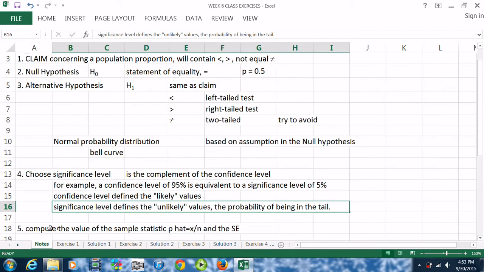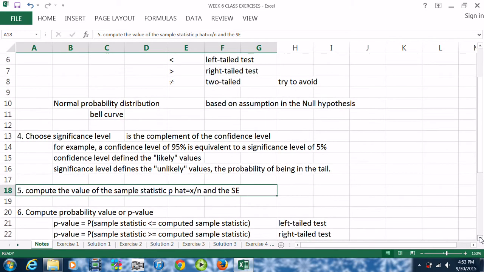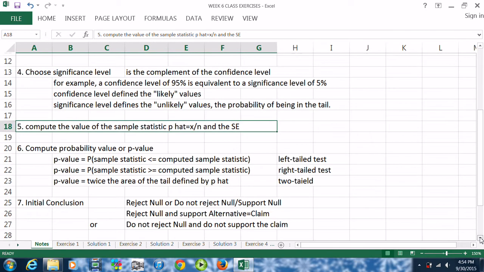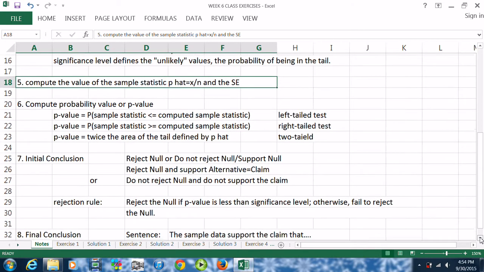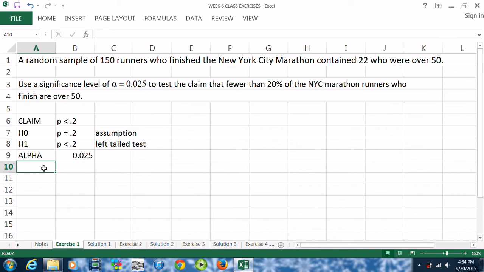Once we have our significance level, it's time to compute the value of the sample statistic and the standard error. Since we're working with claims about proportions, our sample statistic is the sample proportion, often called p hat, which is x over n. So over here we need our sample proportion, so we're going to call our sample proportion p hat. And remember, sample proportion is x over n.